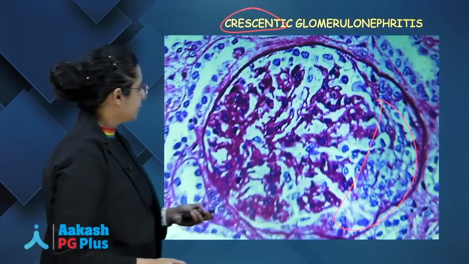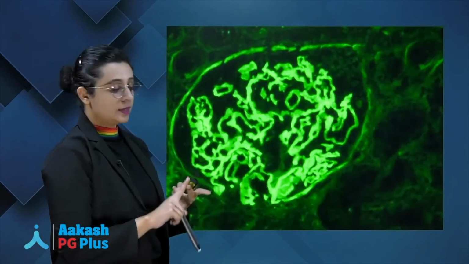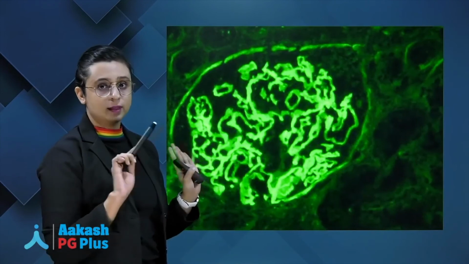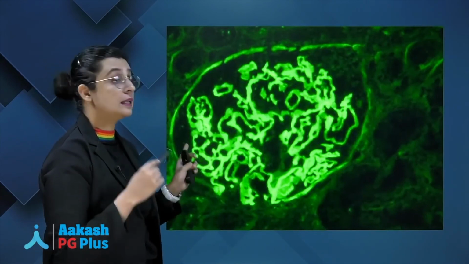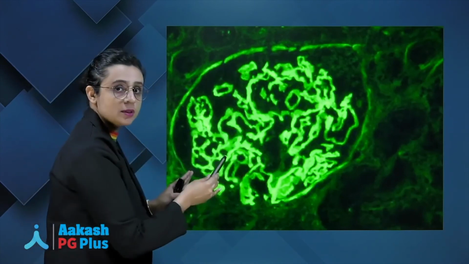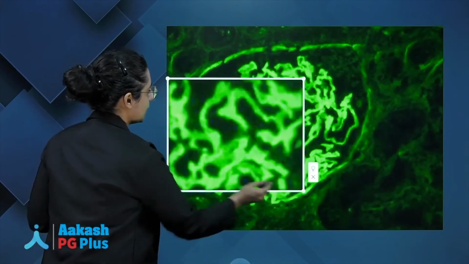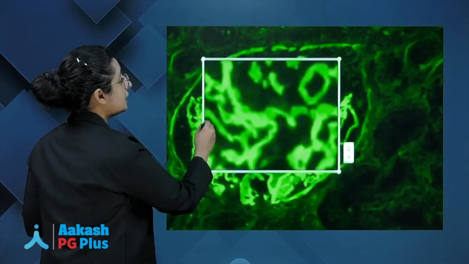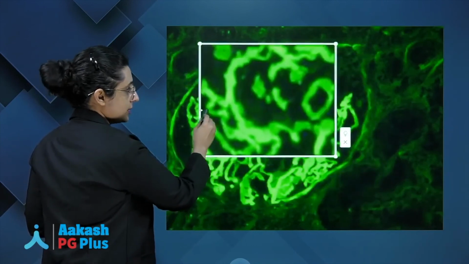Clear? Next, this is immunofluorescence. Number one, you can identify this is positive. Third thing which you can see from this image is the linear positivity. This is not granular, it is positive and it is linear positivity. Let me just zoom into the structure and you can see the beautiful linearity of the positivity of immunofluorescence deposits.